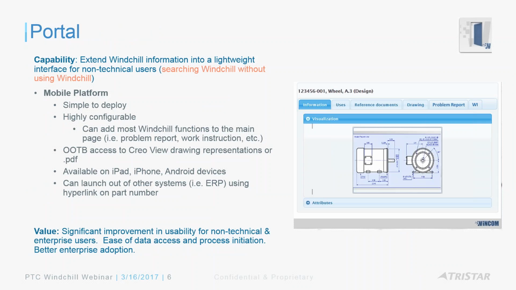So we do this by an app called the Portal. This generates a consistent URL for people to have either a hyperlink in the ERP system that will always point to the latest PDF or latest file inside of Windchill, or this will be used as a lightweight interface for those people who don't want to go into ERP but just want to access these PDFs out of Windchill.